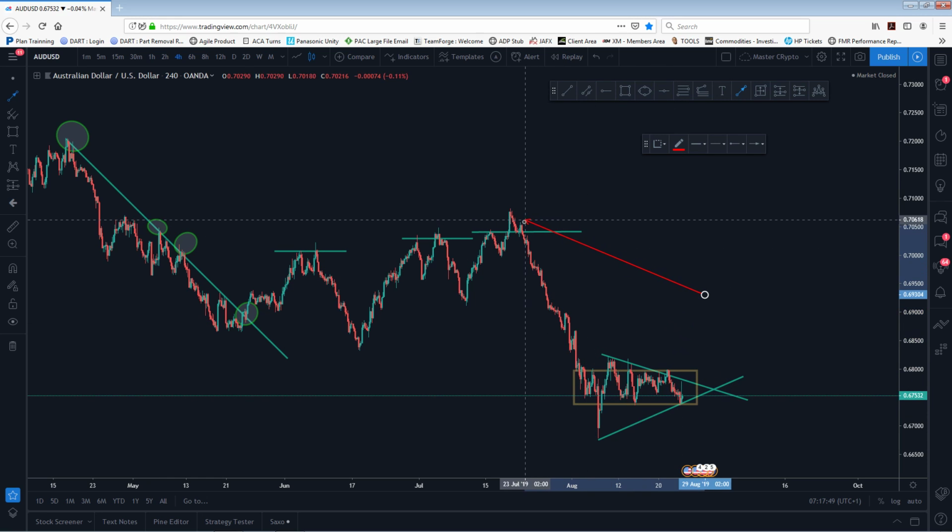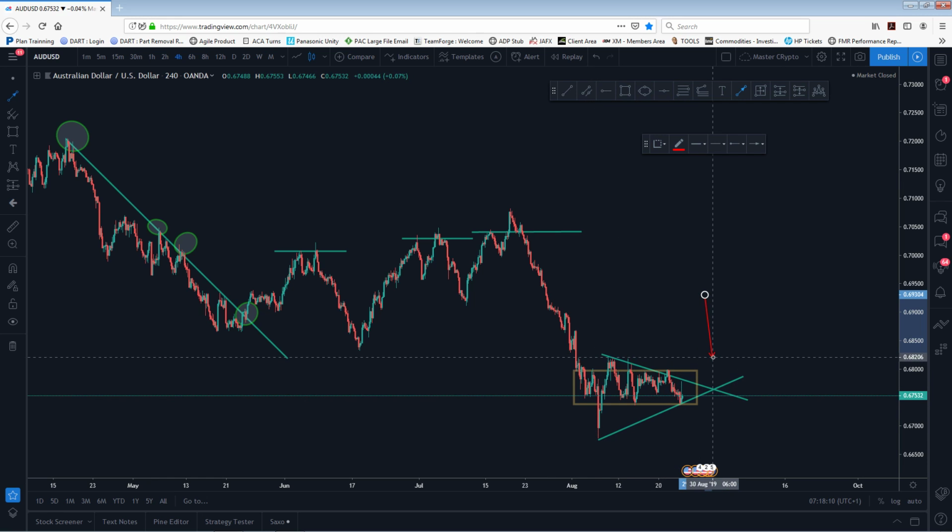What we want to do is identify these areas where we can catch this ride down, we can catch this ride up, we can catch this ride up, we can catch this ride down. That's what we're looking for. That's what trading is. We don't want to be caught in this mess.